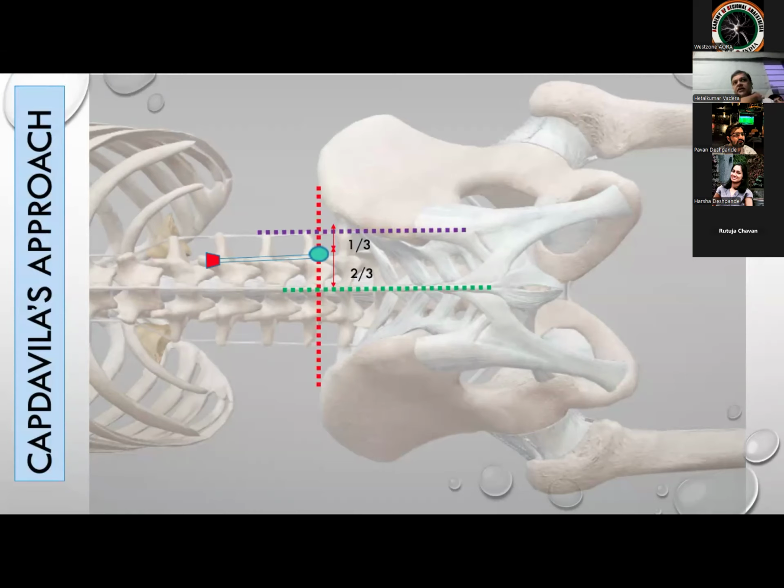Basically, the plexus lies in a compartment at the junction of the anterior 2/3 and posterior 1/3 of the psoas muscle. So anterior is the bulky muscle part, and posteriorly there will be a smaller part, and in between there lie the components of the lumbar plexus.